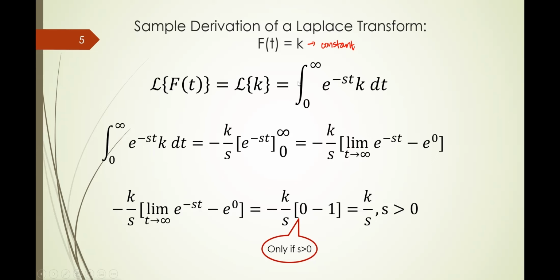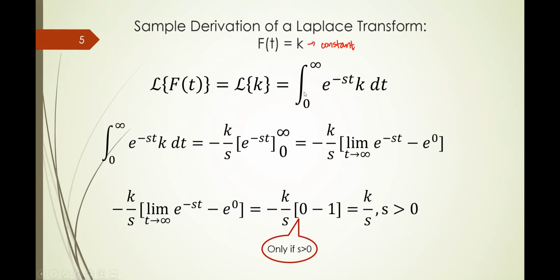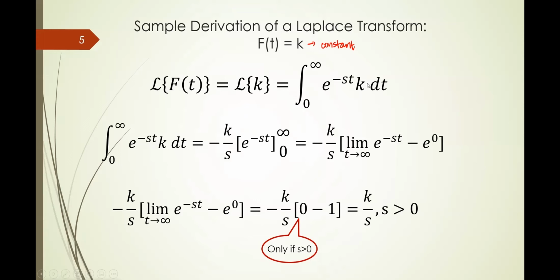And then applying the formula that we have here, that's from 0 to infinity of e to the negative st times k dt, right? So since k here is constant, you can choose to move it out in front, right? And then in here, the only function declared is t.